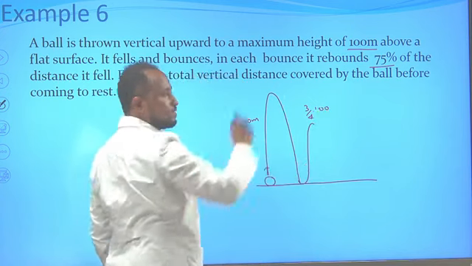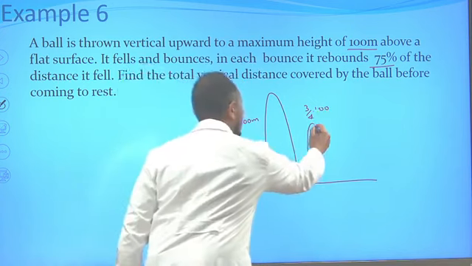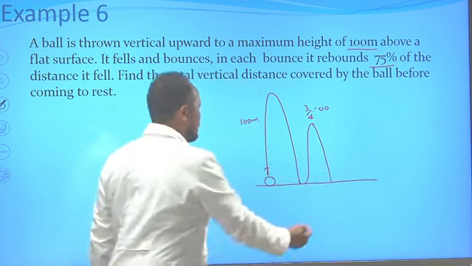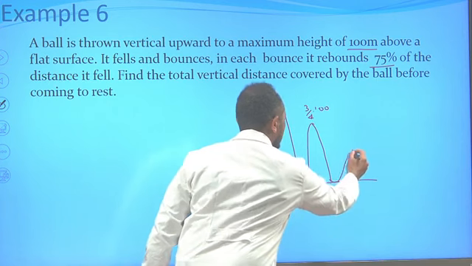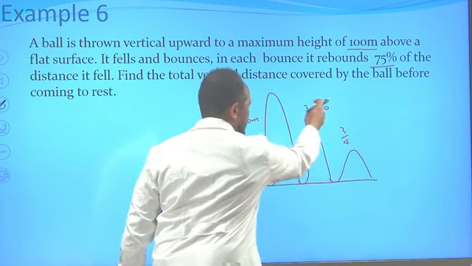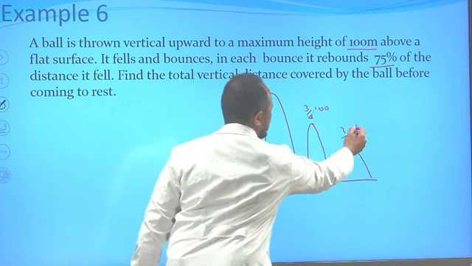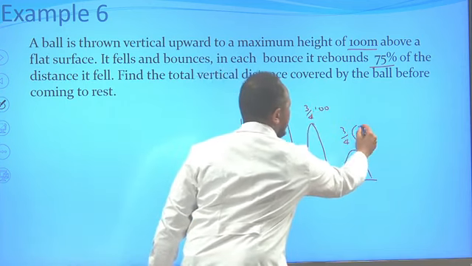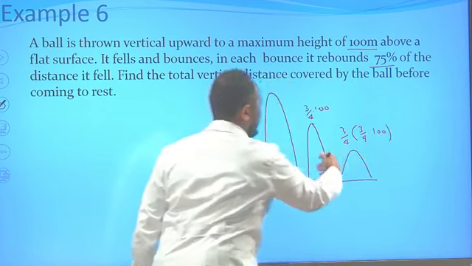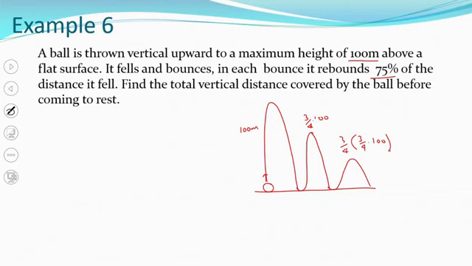So it moves 3/4 of 100 up and down. On the next bounce, it rebounds 3/4 of the distance it falls. The distance it falls is 3/4 of 100, so 3/4 of 3/4 of 100, and it goes on like this.